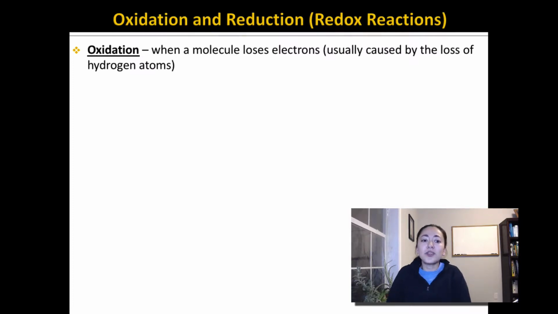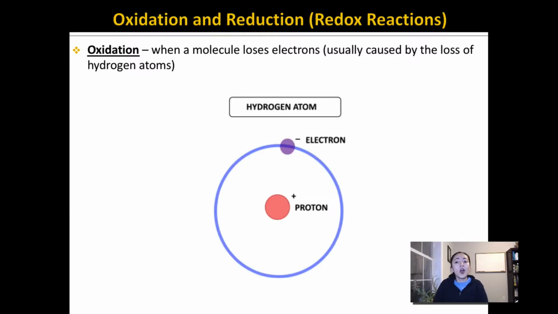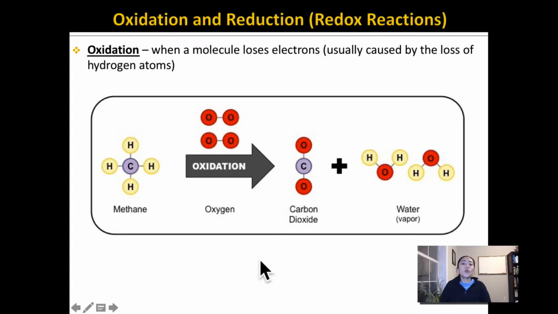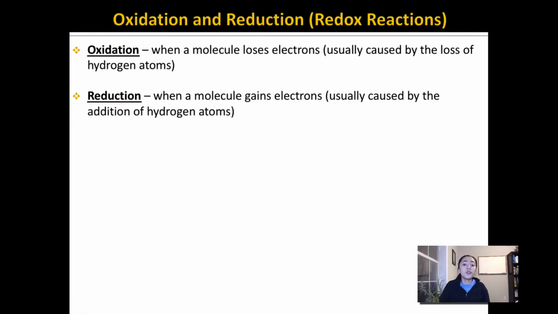This makes sense because if you remember some basic chemistry, hydrogen atoms are simply made up of a single proton and a single electron. If, for example, a molecule like methane lost its hydrogen atoms, then we would say methane is being oxidized.